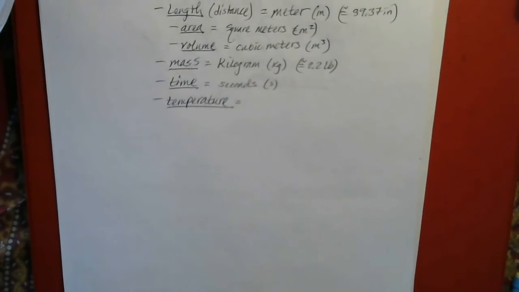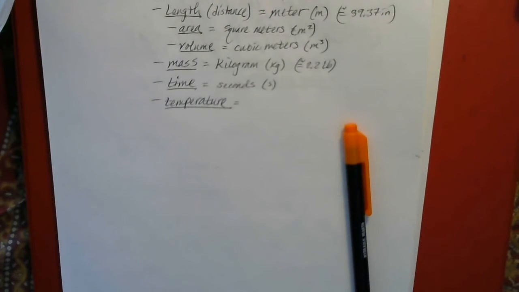Temperature is a curious case because if I ask you the metric unit for temperature, you'd say, well, Celsius, and you'd be right. Actually, that is the metric unit for temperature. But the problem is that when dealing with temperatures in chemistry and physics, we need an absolute measurement of thermal energy.